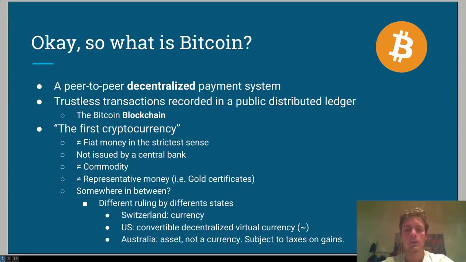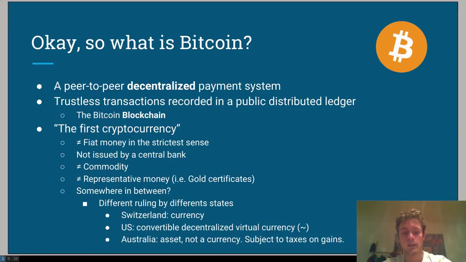It's important that you know that there are very different ways to look at Bitcoin, exactly like I illustrated before. In Switzerland, it's been officially considered a currency, so citizens don't have to pay taxes on gains on it. So that's a very interesting ruling.